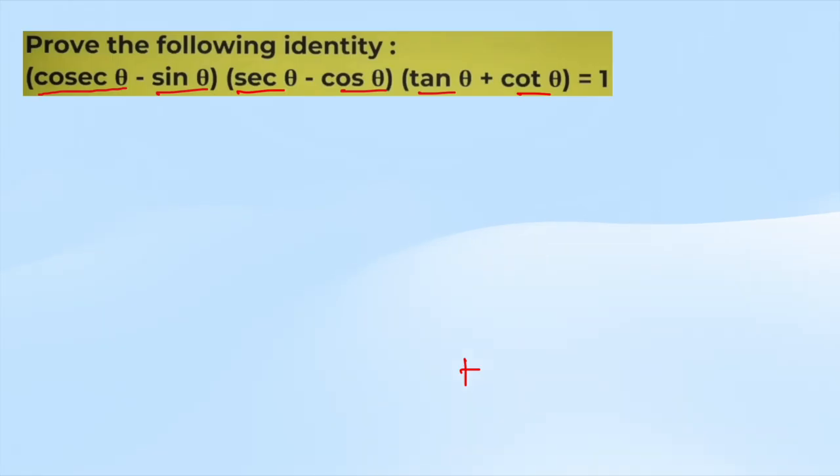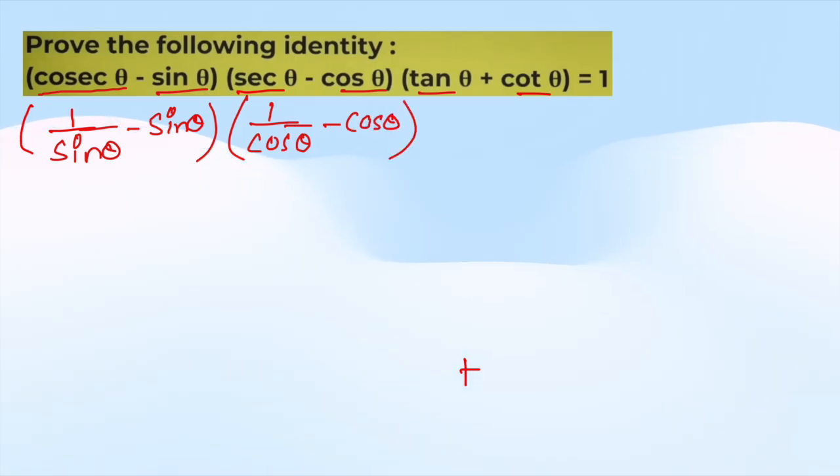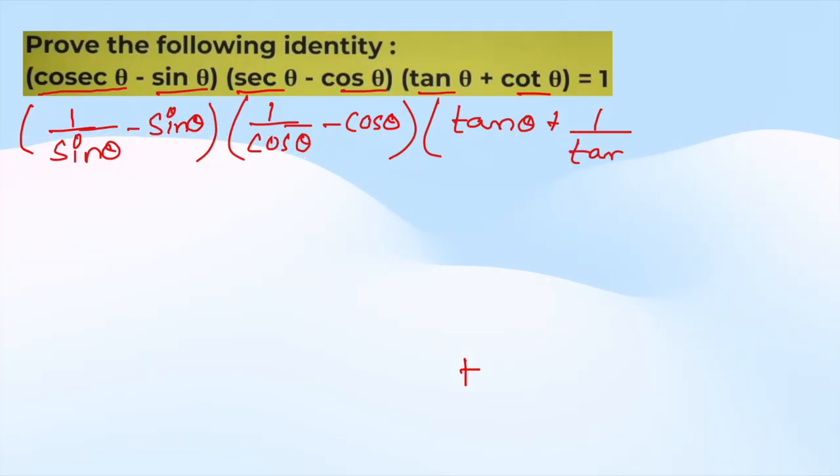So cosec can be written as 1 by sine theta minus sine theta. Sec can be written as 1 by cos theta minus cos theta. Tan we can remain tan, and cot will be 1 by tan theta.